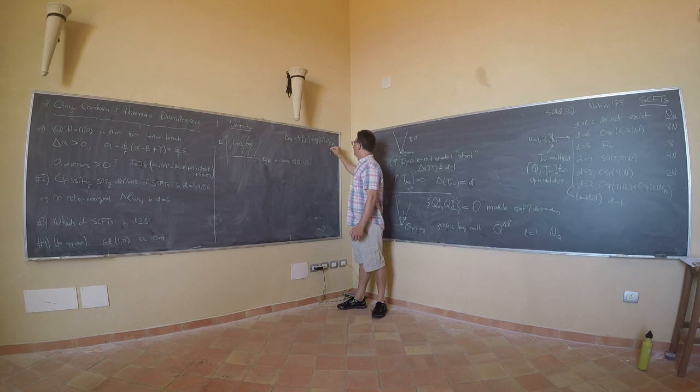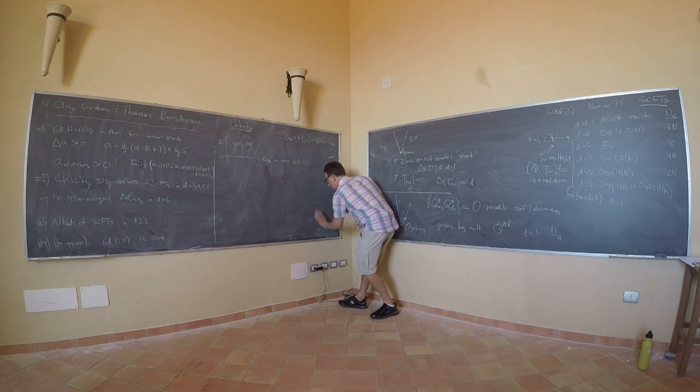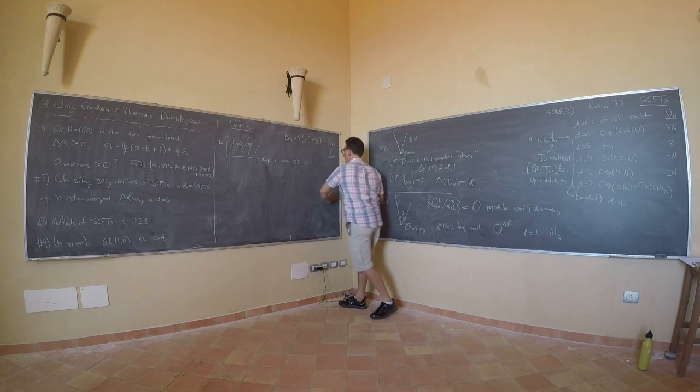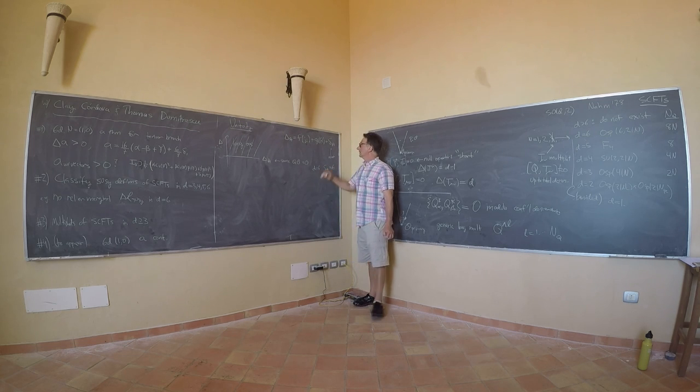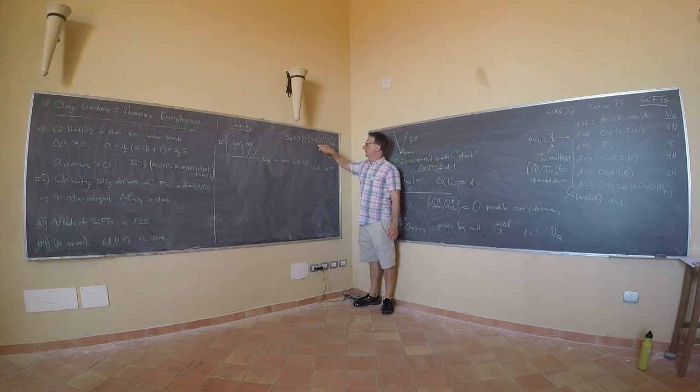Just to give some examples, in D equals 6, this delta A is 6. And these functions here are positive also.